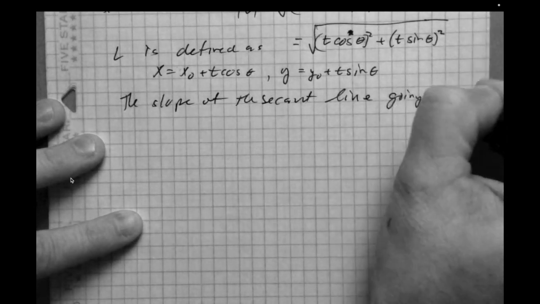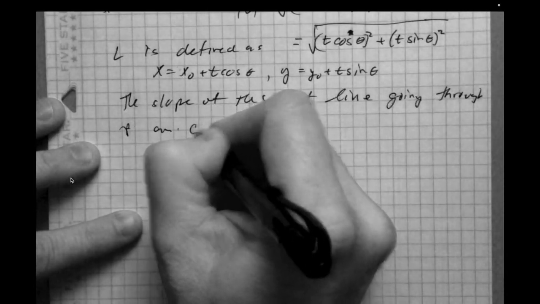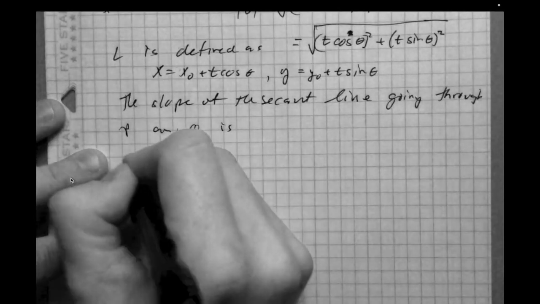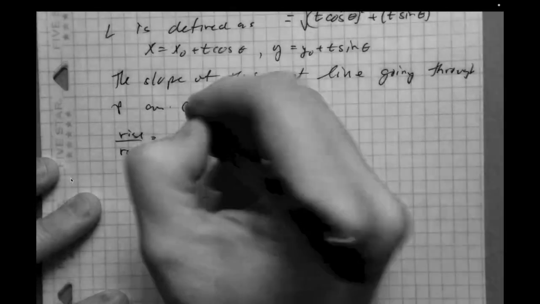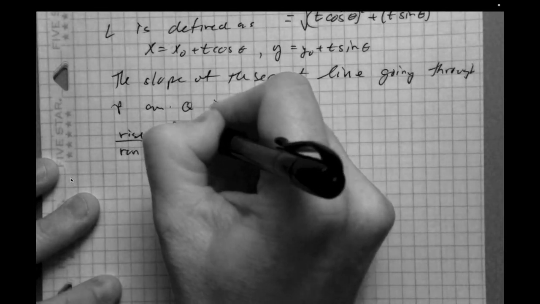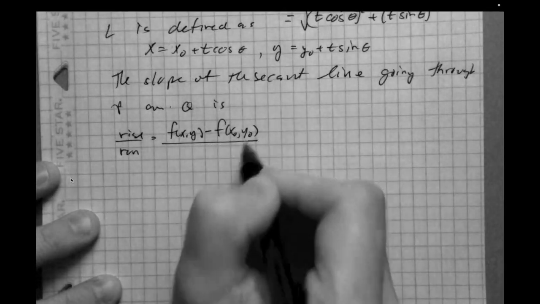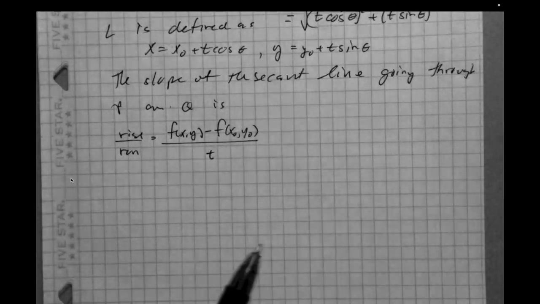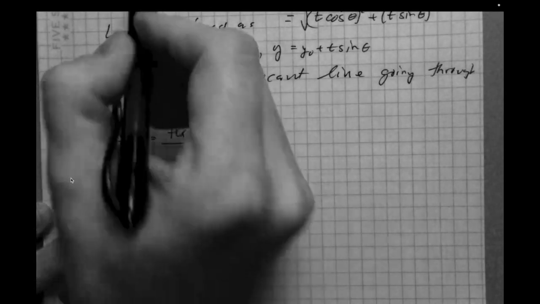So the slope of the secant line going through P and Q is, you can think of it like this, rise over run. That's going to be f of x y minus f of x naught y naught, and the run is t. That's the distance between the two in the xy plane. So the distance here is t.